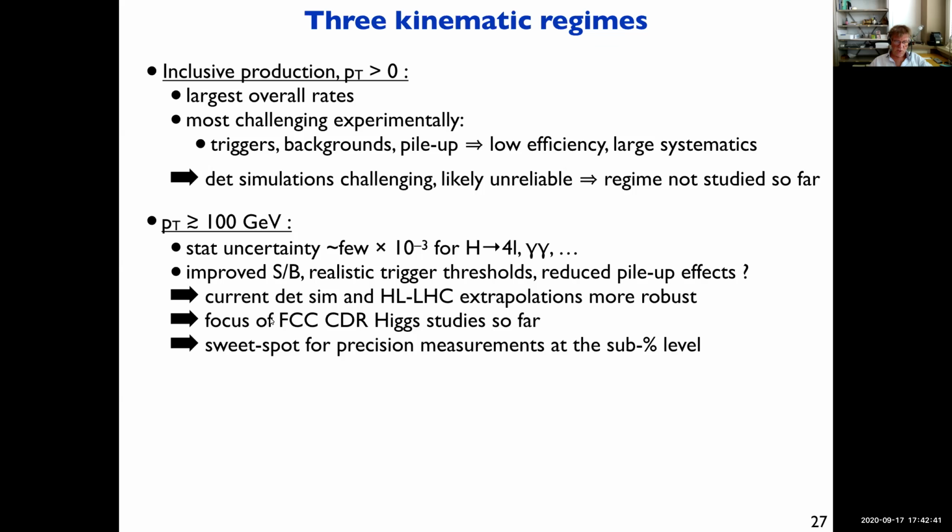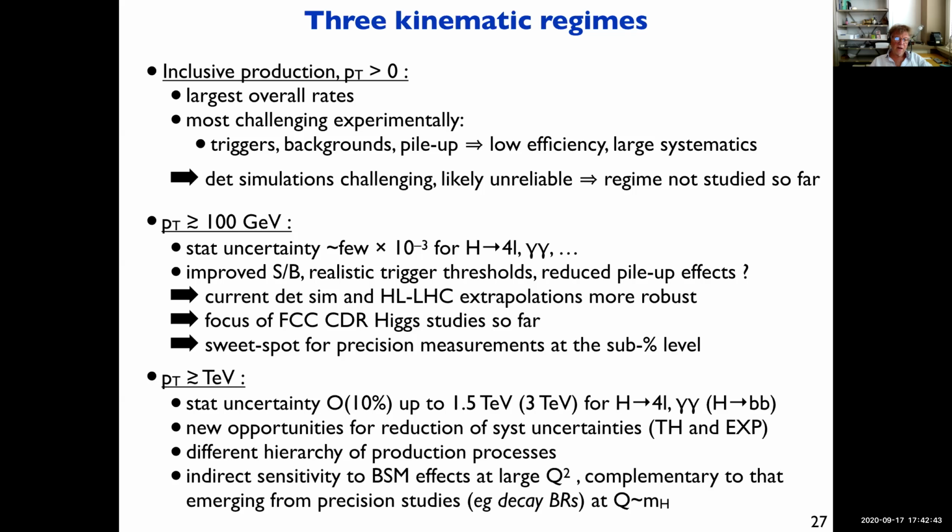And finally, there is this regime of multi-TeV production, where the statistical uncertainty is still at the level of 10%, all the way up to 1.5 or 3 TeV, depending on the decay channels that we use. For example, we can have a 10% statistical precision of the measurement of Higgses going to b b-bar with PTs larger than 3 TeV, so very heavy objects.